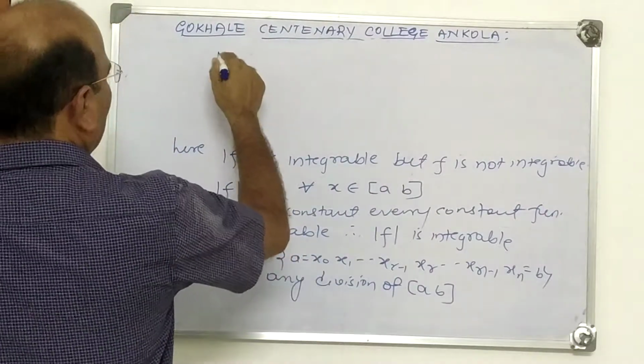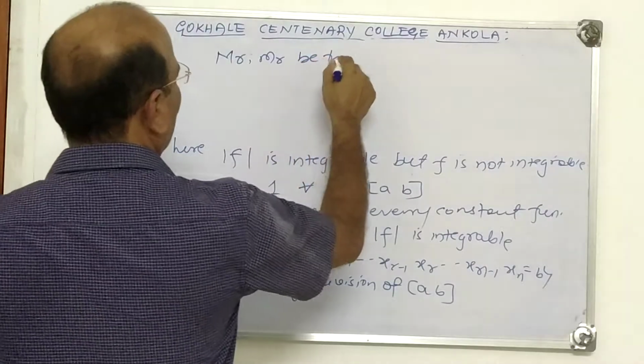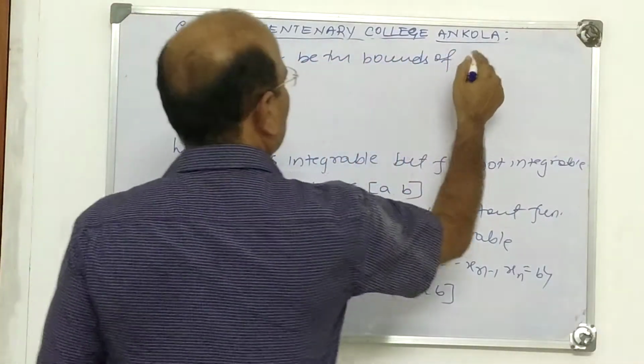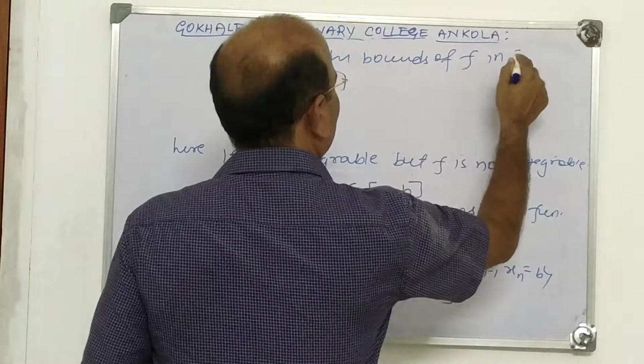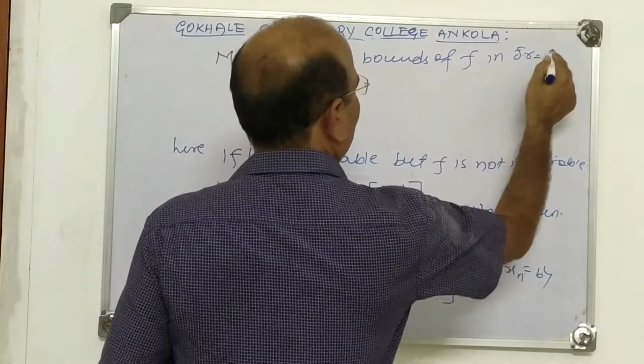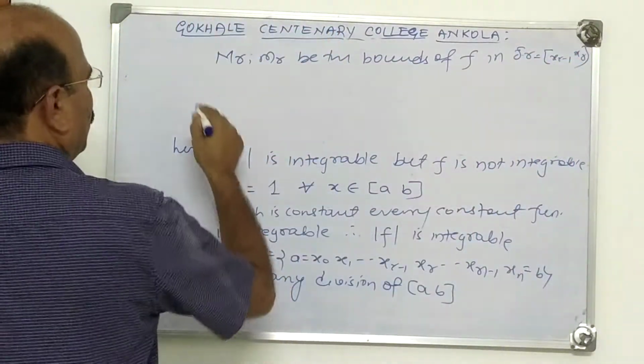Now, let small mr and capital Mr be the bounds of f in delta. What is delta? Delta is xr minus 1 to xr.